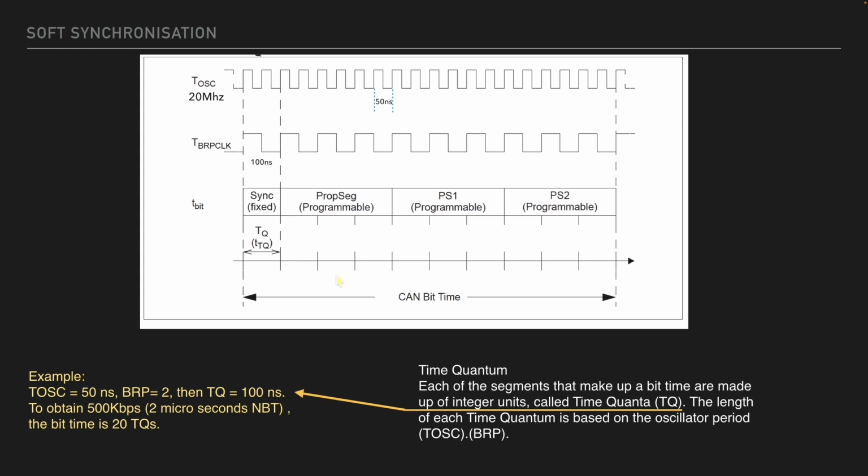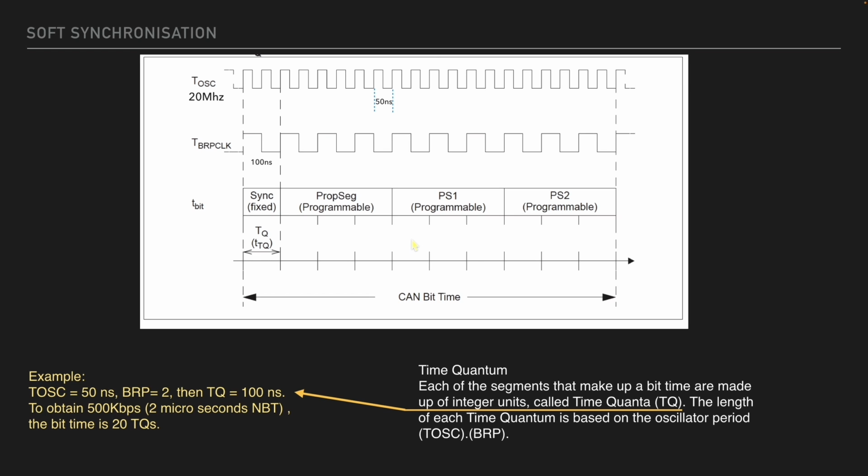And we can divide them up amongst the propagation segment, the PS1, and the PS2 segment. How you divide them up is entirely up to you. Remember, the prop segment could be 1 to 8 TQs, PS1 can be 1 to 8, and PS2 could be 2 to 8. So we got 8, 8, and 7, which is already way over the actual 20, but you need to divide this up.